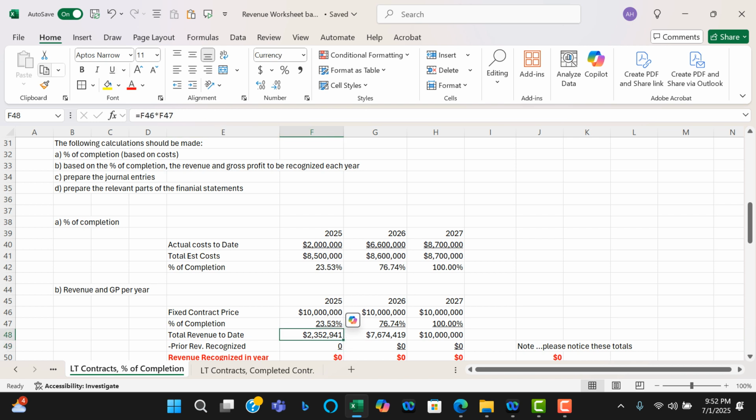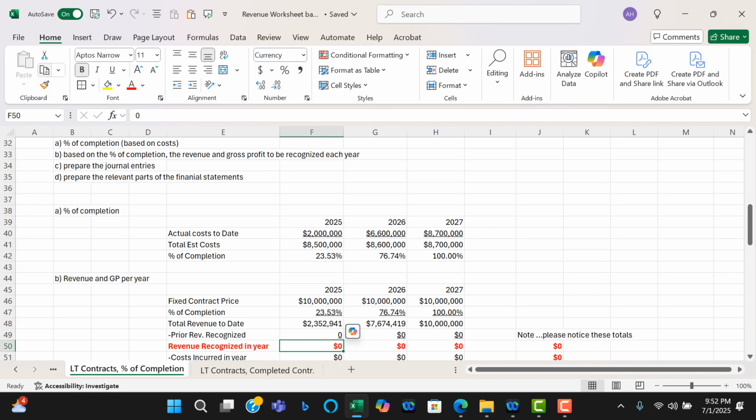Now that is the total revenue that should be recognized to date. What we have to do though is subtract from that total revenue, or we'd be double counting the revenue that was recognized in previous years. So we have to take this revenue here and subtract out any revenue that was recognized in previous years.